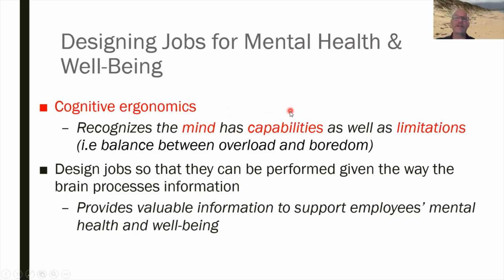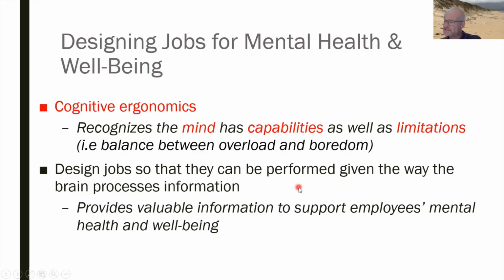So yeah, that would be a really good example of cognitive ergonomics there. Okay, design jobs so they can be performed in ways that fit how the brain processes information. And computers are a really good example of things that can help you process information faster, better, and have less of a cognitive overload there.